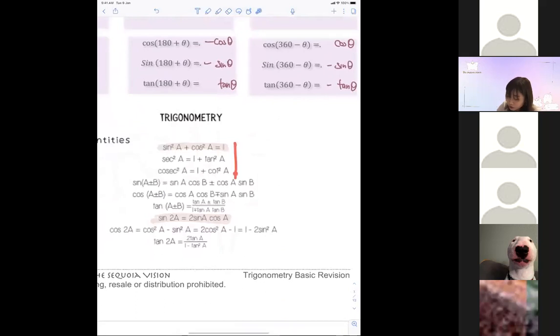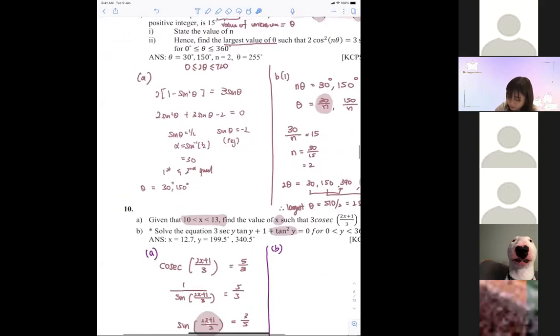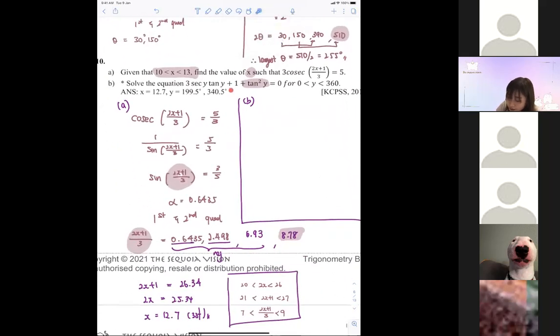Let's look at the first three formulas. If you look at this three, you know that secant square is 1 plus tangent square. Just nice. If you scroll back, you have 1 plus tangent square. So this whole thing can be changed to secant square. The biggest mistake here is if you divide secant away. We cannot divide secant away.